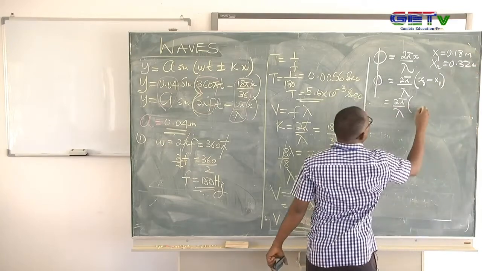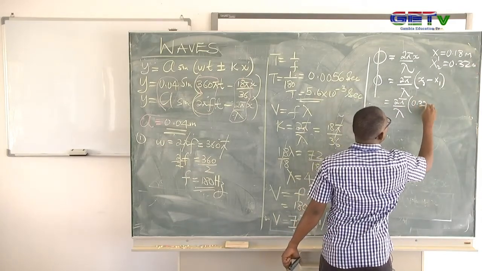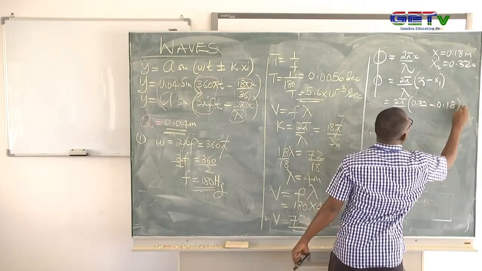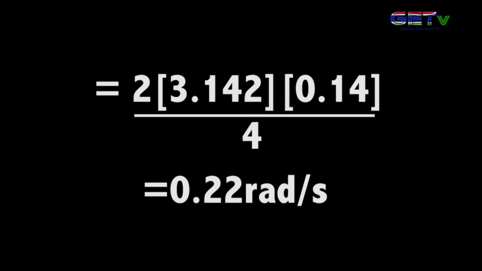So I substitute there: 0.32 minus 0.18. This gives you the answer in radians. So this is the phase difference. That gives you the end of that question. Thank you for your audience.